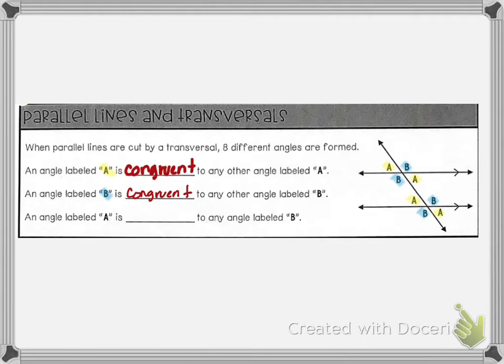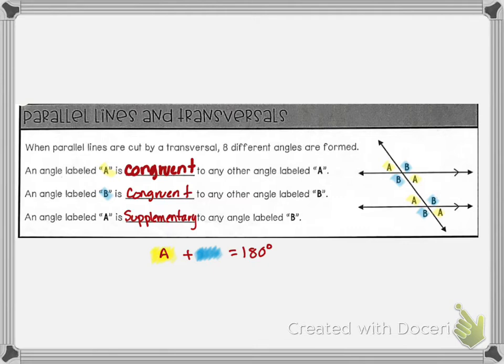And lastly, on parallel lines and transversals, angle labeled A is supplementary to any angle labeled B. So that means that the yellow angles plus the blue angles are equal to 180 degrees, because supplementary means 180 degrees.